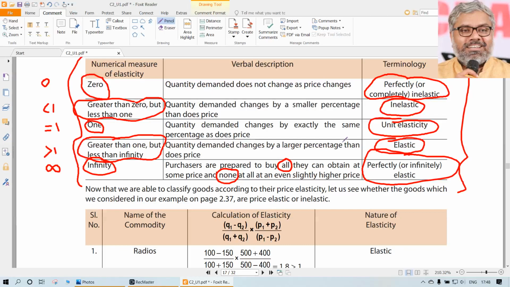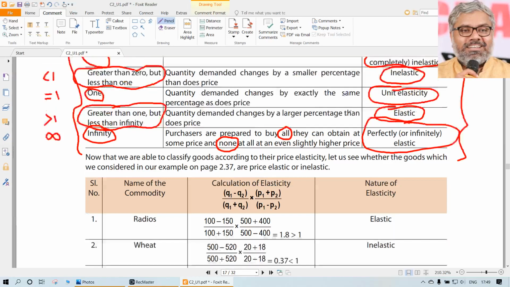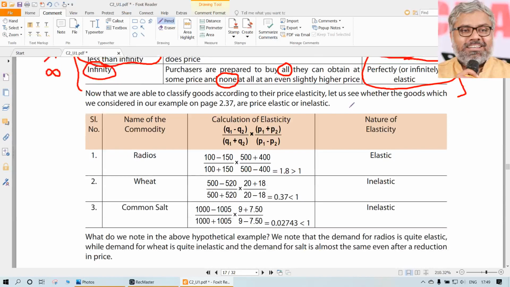Q1 minus Q2 divided by P1 minus P2 into P1 plus P2 divided by Q1 plus Q2. So arc elasticity also we can use as a formula. Once we can use any of them, the remaining elasticities will be easier to calculate: income elasticity, cross elasticity, etc. We'll come to them later.